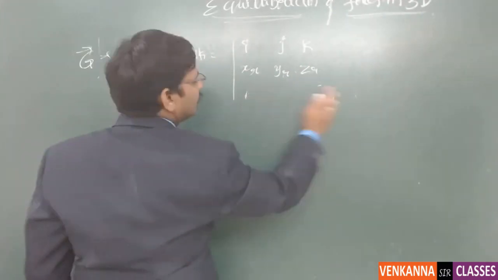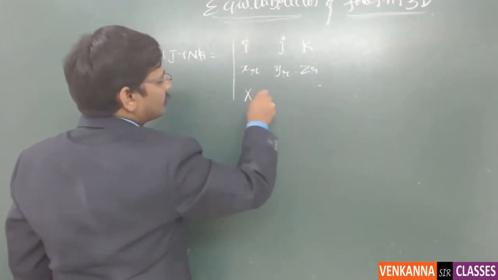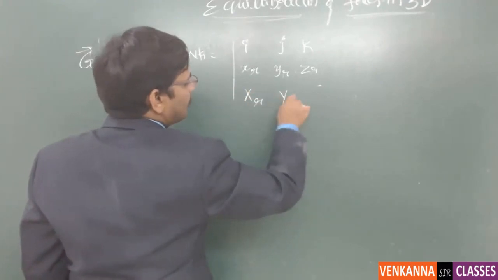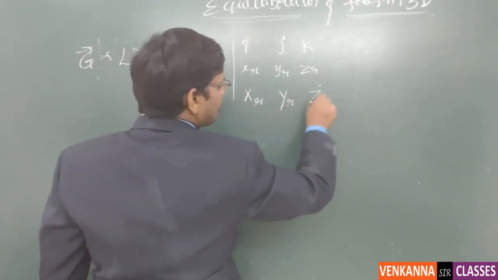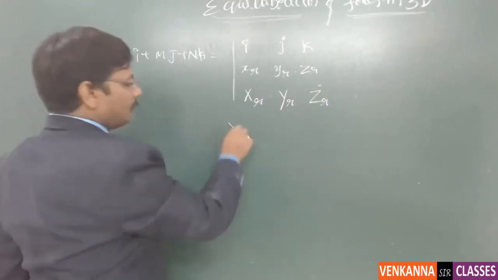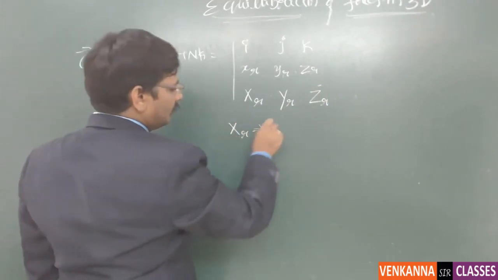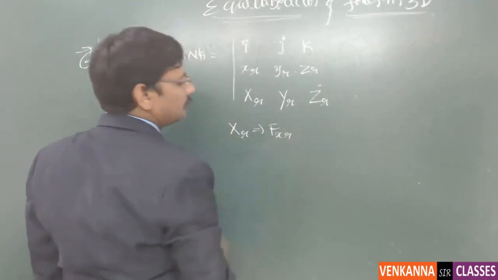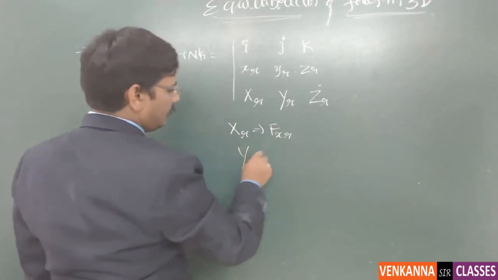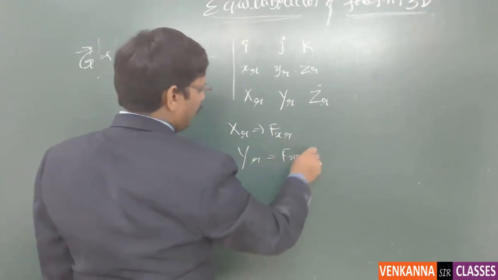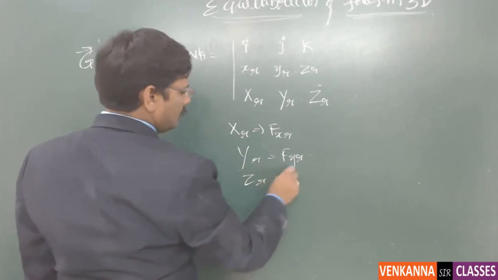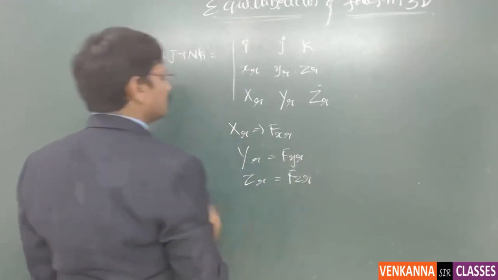So I call these as capital XR, capital YR, capital ZR, which are nothing but FXR, FYR and FZR.